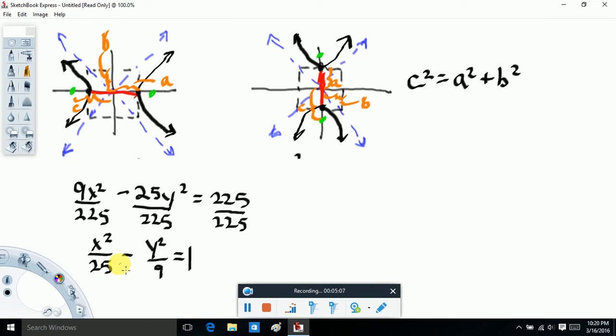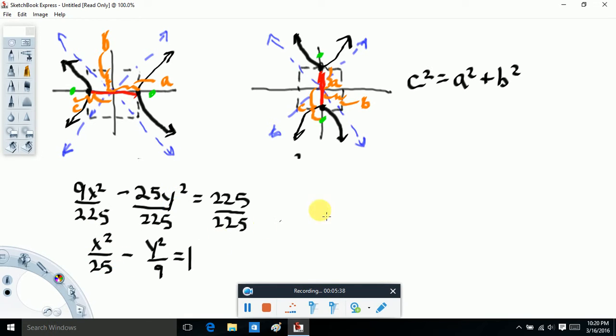We need to figure out what orientation the transverse axis is. The transverse axis is always going to be along the term that has the positive sign. Since the x squared term is positive, the transverse axis is along the x-axis.